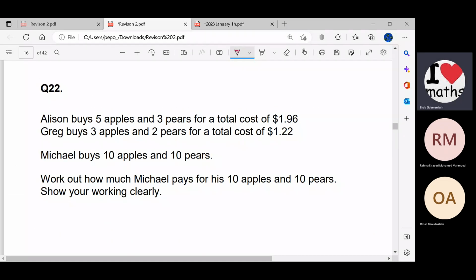In this question, simultaneous equations. Allison buys 5 apples and 3 pears for a total. Let me say the apple price is A and the pear price is B. So 5A plus 3B is equal to 1.96.